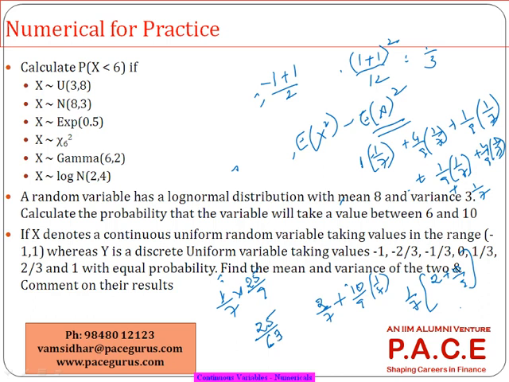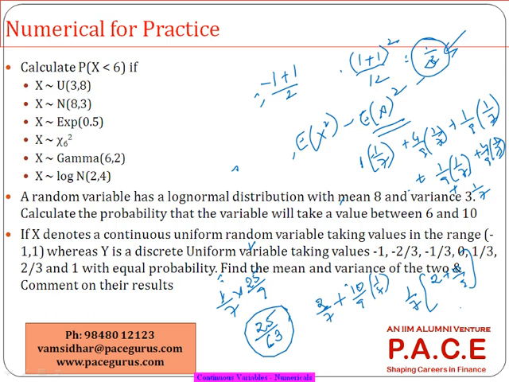Now both the means are the same, whether it is discrete or continuous. Though the average value is the same, the variances are different. Here the variance is coming out to only 1 by 3, whereas here the variance is slightly more than 1 by 3.